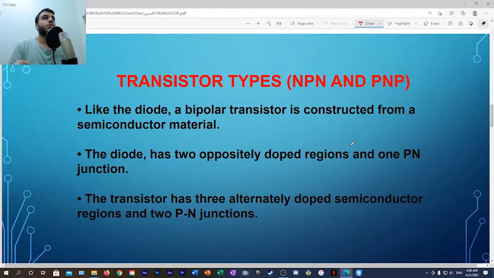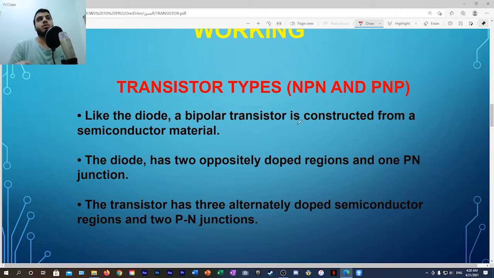Okay, working of transistor. I've just talked about the classification of transistors, so let's go to the working of the transistor. What are the NPN and PNP actually? It's almost two diodes, either PNP or NPN.